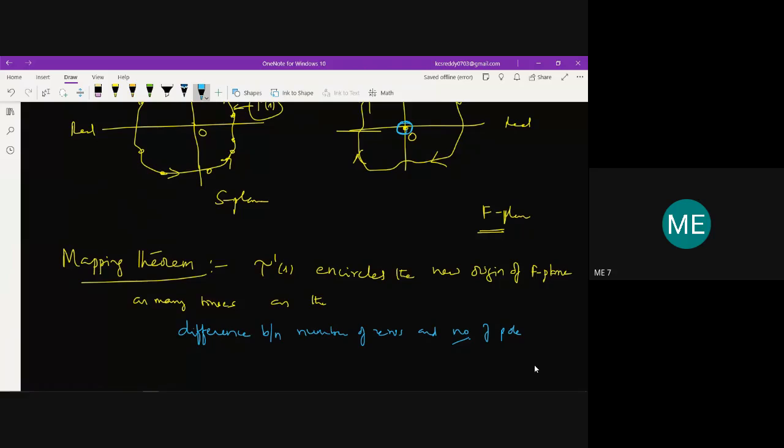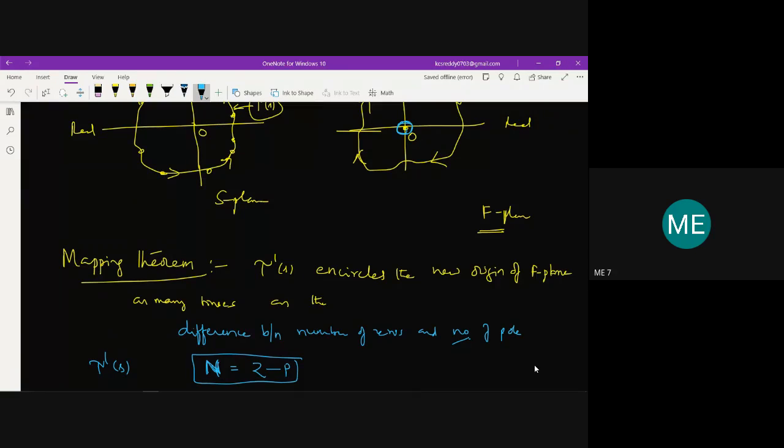So if I want to find the number of encirclements of tau dash of s, not tau of s, how many times it is encircled by the origin will be calculated by using n is equal to z minus p.